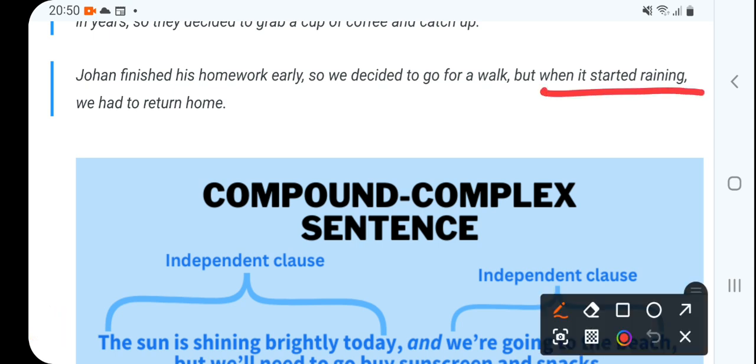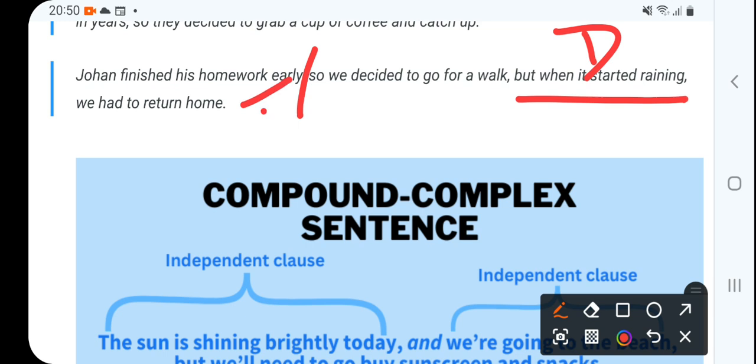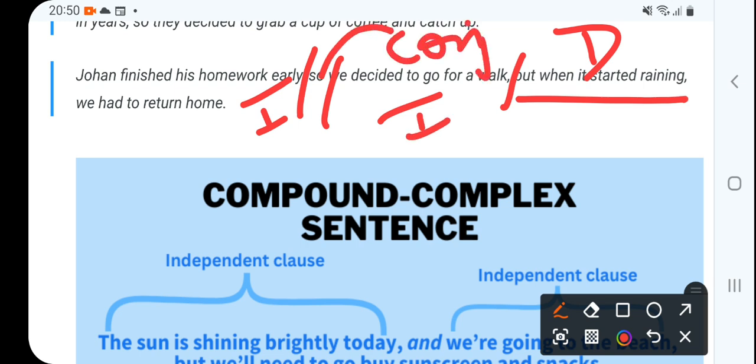"When it started raining" is a dependent clause. "Johan finished his homework early," independent clause. "We decided to go for a walk," independent. This is the conjunction. And then "we had to return home," independent clause.